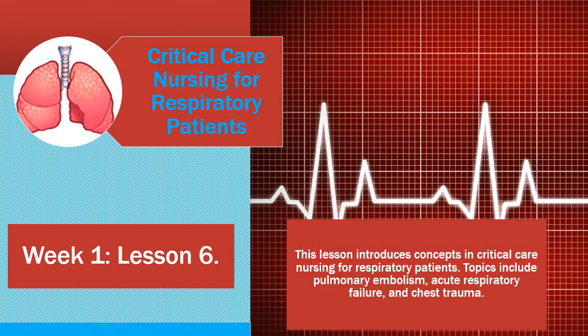This lesson introduces concepts in critical care nursing for respiratory patients. The topics that are going to be covered in this lesson include pulmonary embolism, acute respiratory failure, and chest trauma.